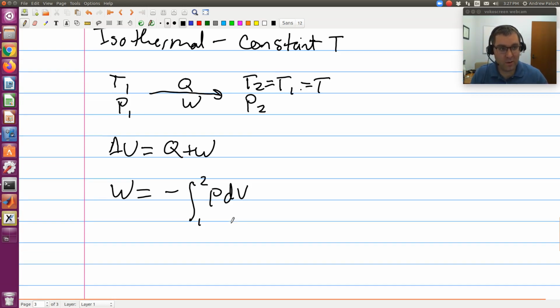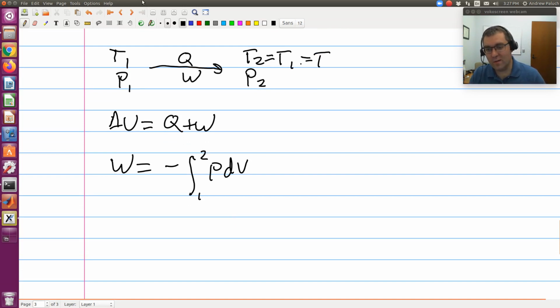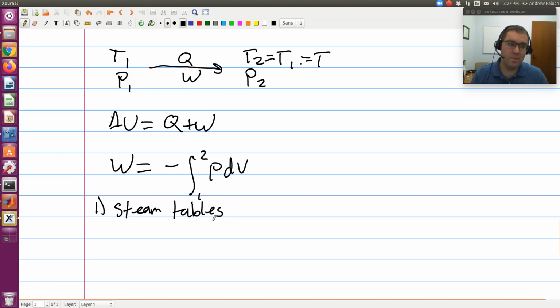Now, we can think of this in 2 ways, and we've kind of seen both in this course. One, we use the steam tables. If we had superheated steam and an isothermal process, we would look under the column with the header of temperature, and we know what our initial and final pressure is.